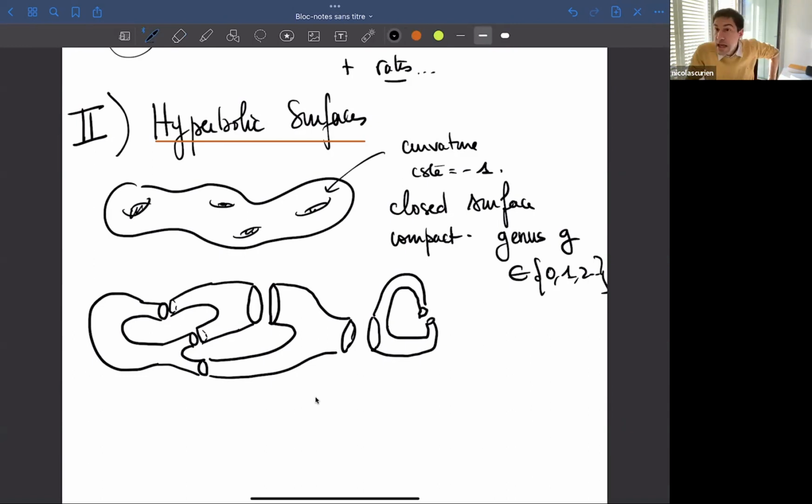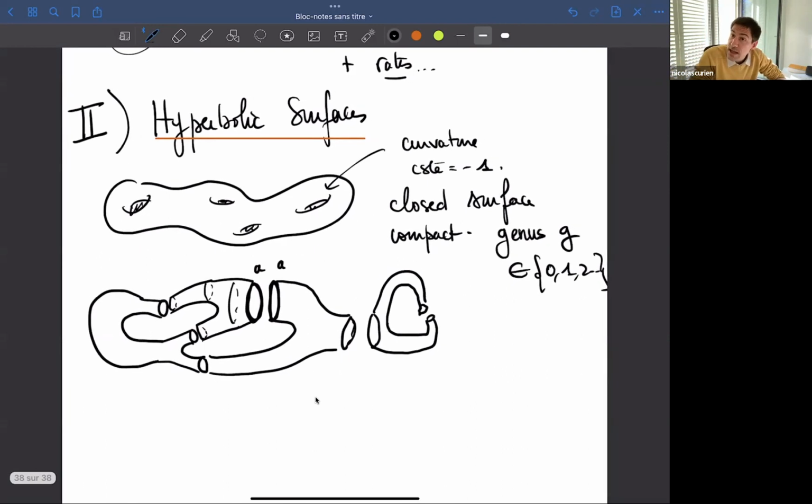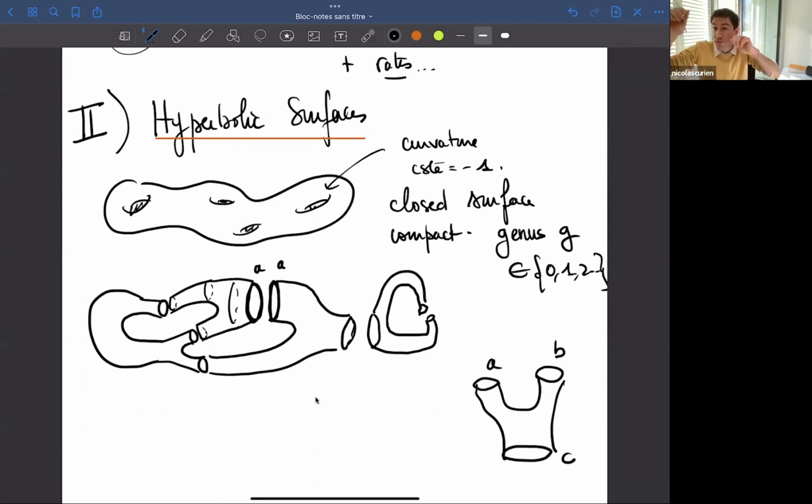Imagine that these are actual trousers, two-dimensional, and they have a length here, A. And if on the opposite side I have the same length A, then I can sew them together. And the fact is that there is a unique, well-defined hyperbolic pair of pants for each triplet A, B, C, which are the lengths of your 3 holes.